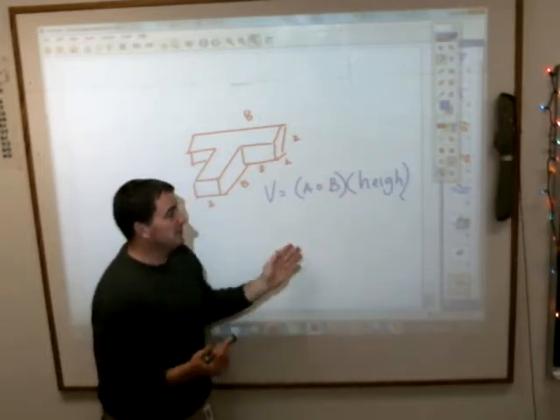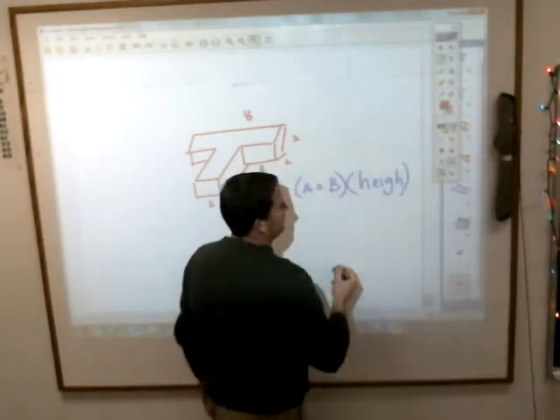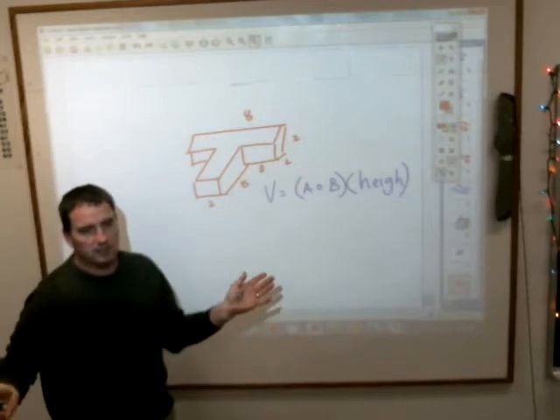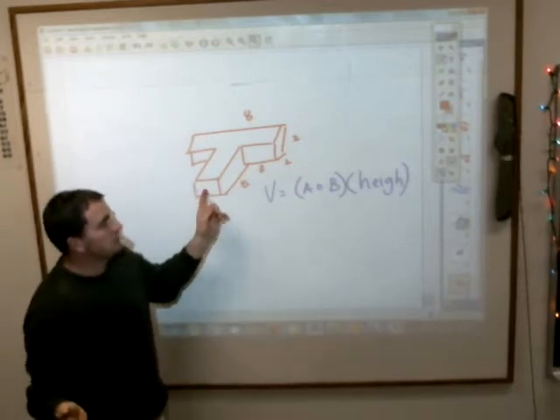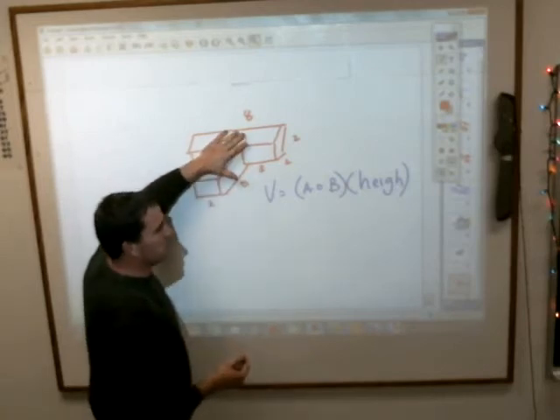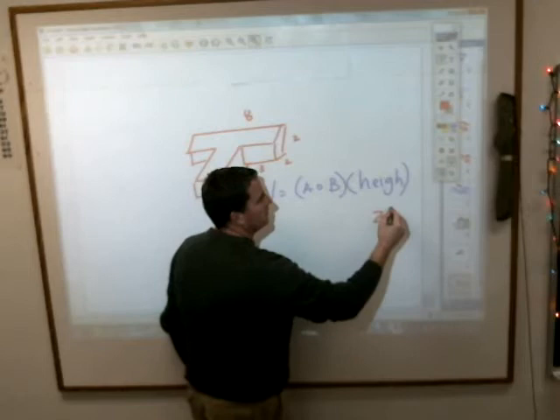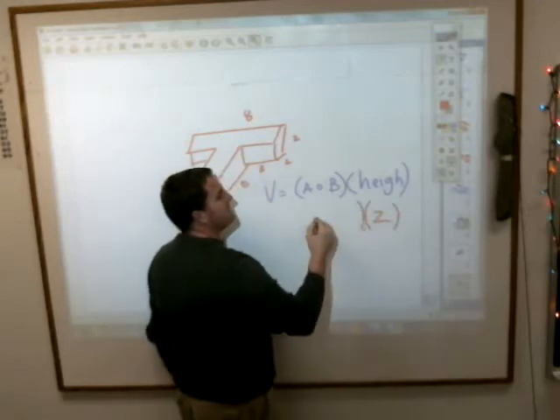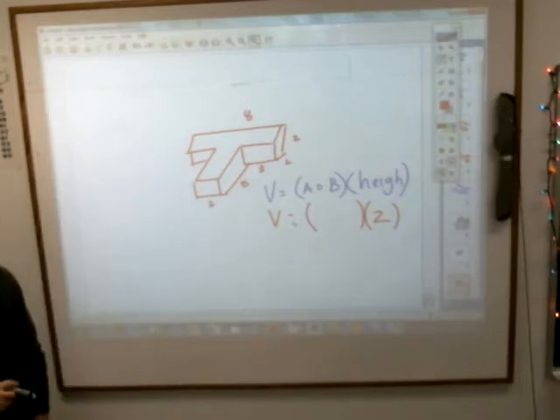In this case, I would fill in the blank for the height right away because you should be able to tell me what the height is. The height of this shape, Kunacek, is 2. Why? Because if it's sitting on its base, which is the letter T, it's 2 high. So right away I put my 2 there, so I think to myself, I am not going to forget to double this when I get done finding the area of the base.